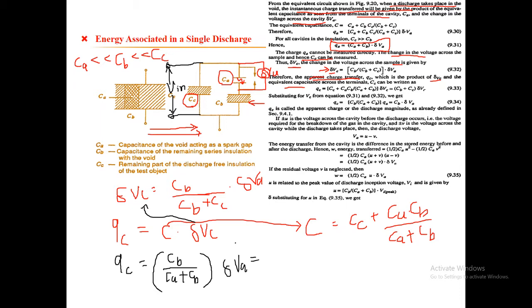And by considering this relationship, we will get Cb into delta V.